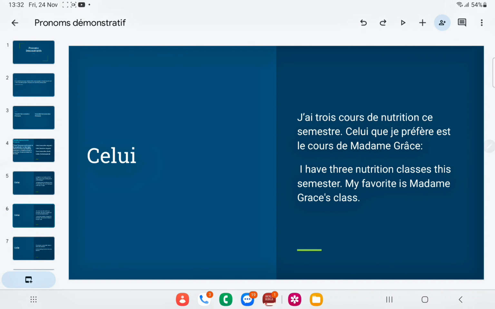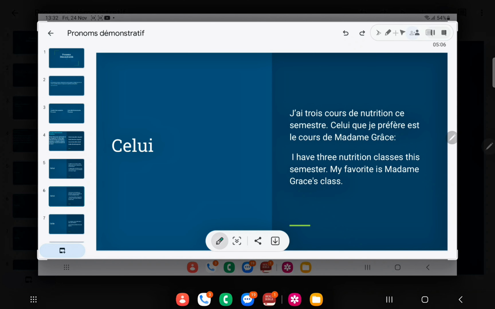Second example. J'ai 3 cours de nutrition ce semestre. Celui que je préfère est le cours de Madame Grasse. So we have the first sentence. J'ai 3 cours de nutrition ce semestre. Then, celui que je préfère est le cours de Madame Grasse. 3 cours. Cours is masculine, and that's why we're using celui.